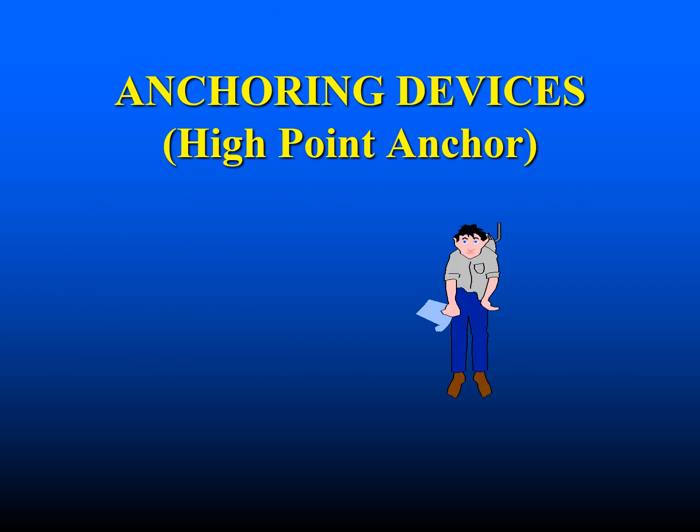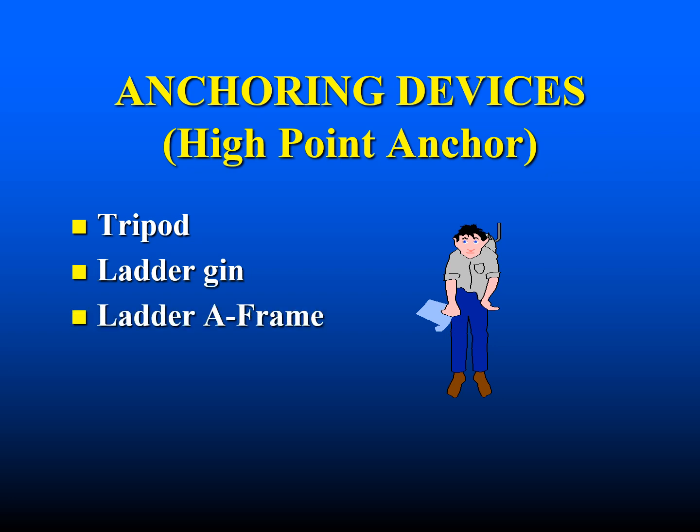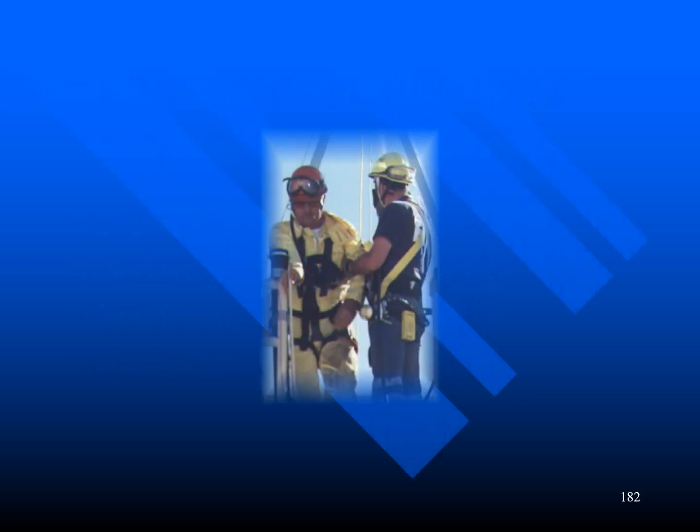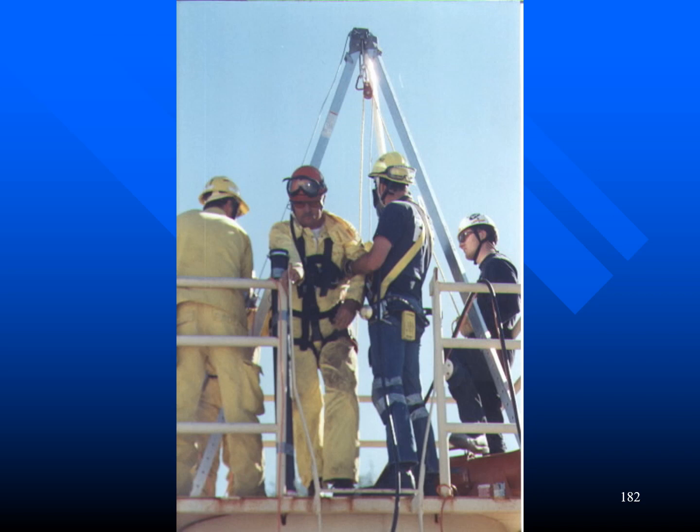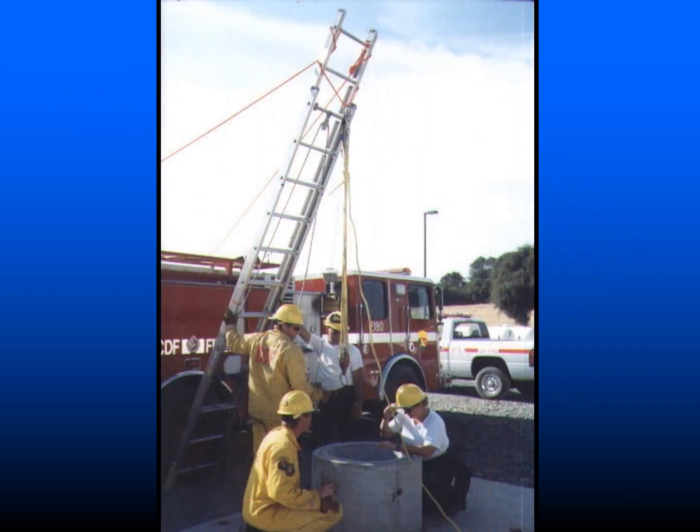Let's go over some anchoring devices. I want to talk about a high point anchor. We use tripods, ladder gin, ladder A-frames, and a davit arm. Here's a tripod. Here's a ladder gin.